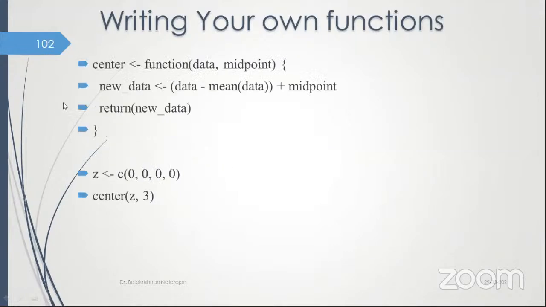Another example is the midpoint, where you're passing the data Z and 3. Z is all values of 0, initialized at 0. That is the data, and the midpoint you make as 3, and it finds the mean and calculates it, and the new data will be returned. Actually, the function is for finding the center point of the particular data.